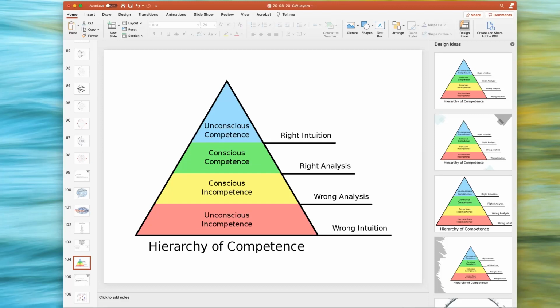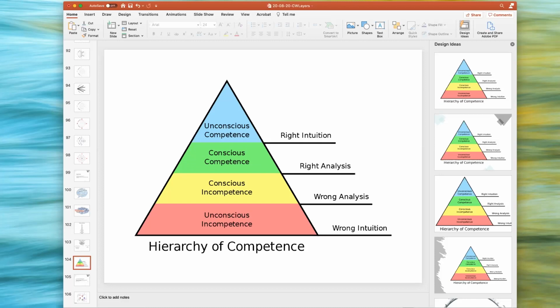Well, I've actually used this in my D&I work over the years, so I'm familiar with this. I've not seen it presented in this image, but the layers are very familiar to me. In fact, one of the examples I give in explaining this model is when I learned how to ride a motorcycle.